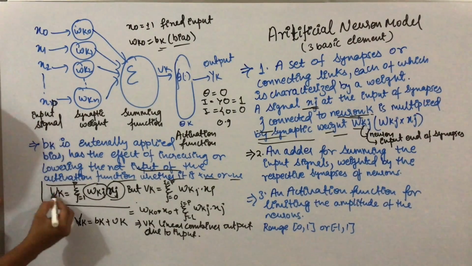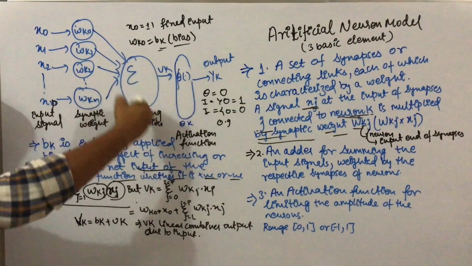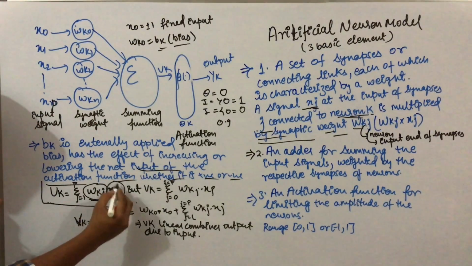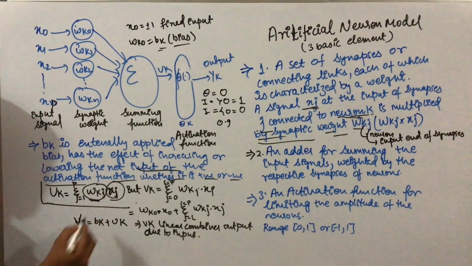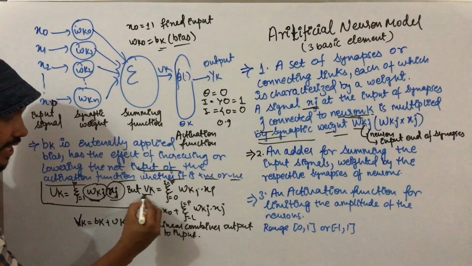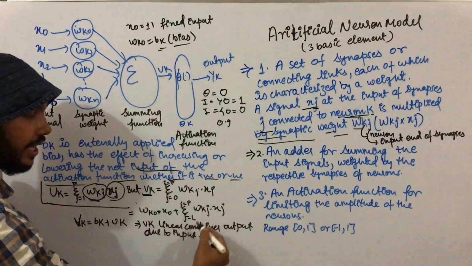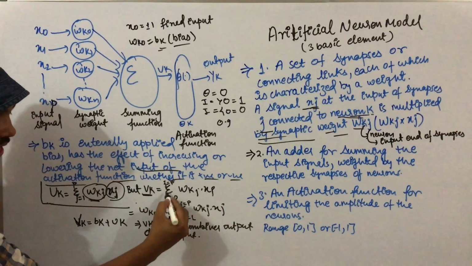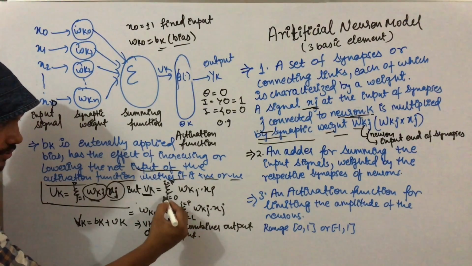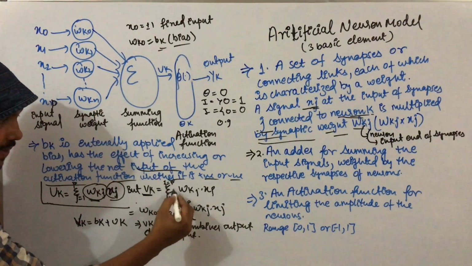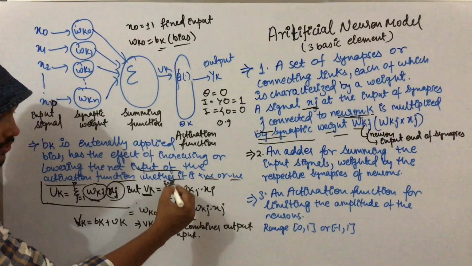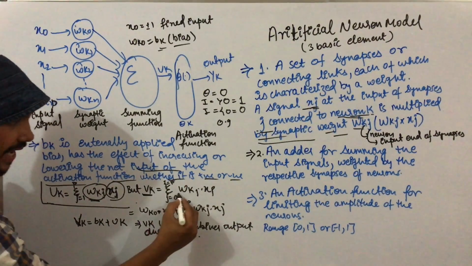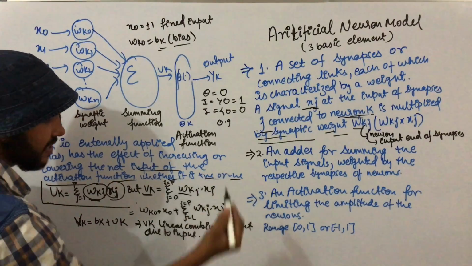We can represent uk, that is the summing value, as the sum of wkj and xj, that is weight and signal. But we can also say vk. Here vk is the linear combiner output due to the inputs. We can say it is the summation from j equals 0 to p of wkj into xj.